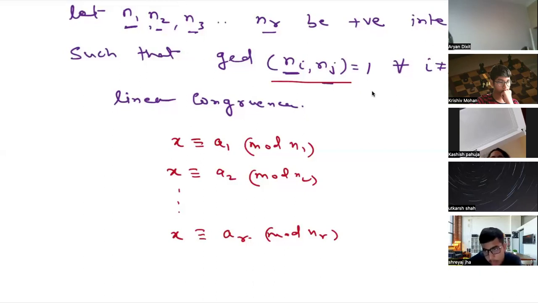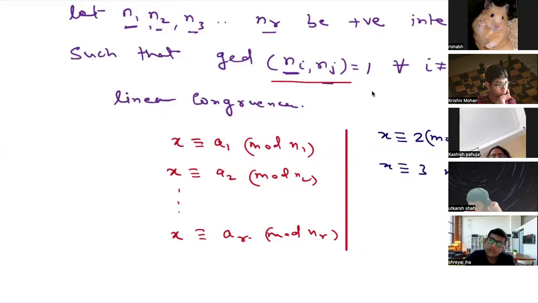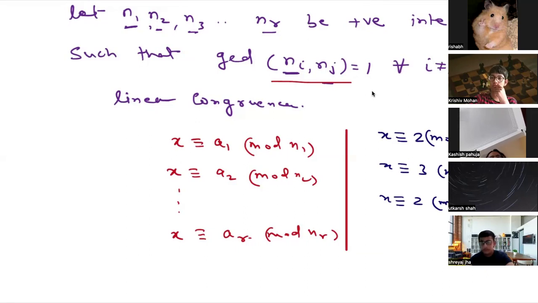To understand it in number form, say x is congruent to 2 mod 3, x congruent to 3 mod 5, and x congruent to 2 mod 7. When you divide the same x by 3, 5, and 7, you get the remainders 2, 3, and 2. Then what is the number x? I hope you all understand exactly what this is.